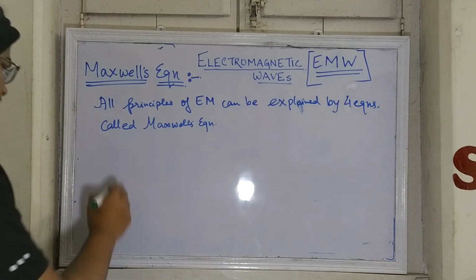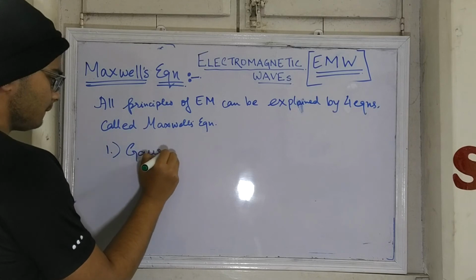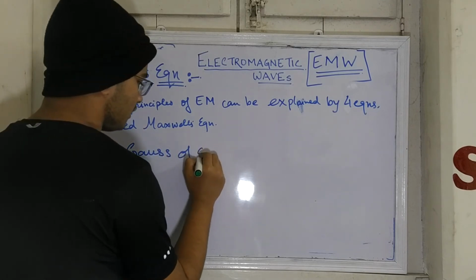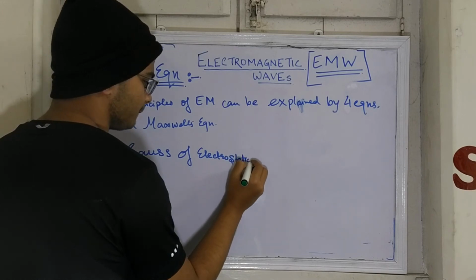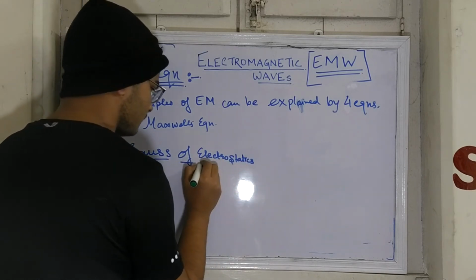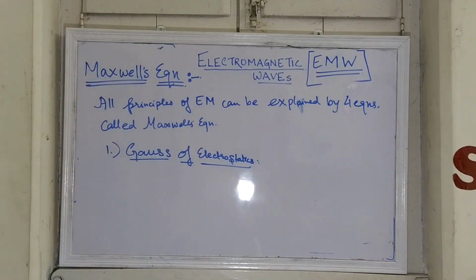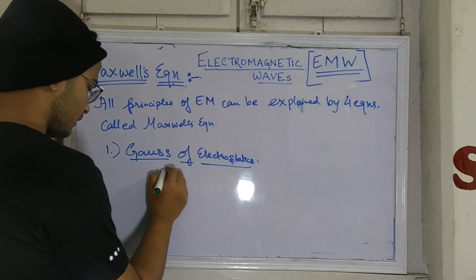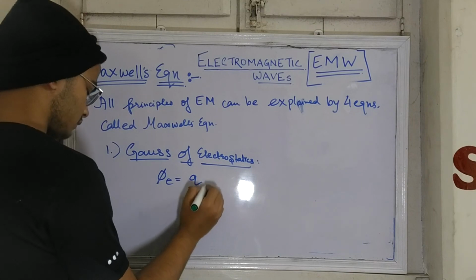Okay, the first equation which comes is the Gauss law of electrostatics. Now what does Gauss law say? The surface integral over a closed surface is 1 by epsilon times the total charge enclosed. Okay. So according to Gauss law, we can say that phi E equals Q by epsilon 0, right?